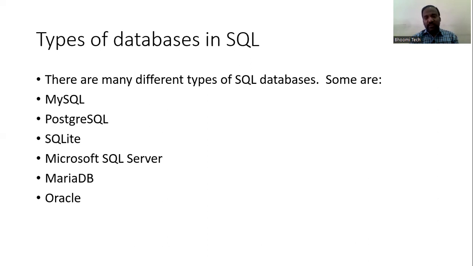PostgreSQL is open source, a free version, and it is a bit slow compared to MySQL. When we have a big amount of data like 1 TB, 2 TB, different businesses use licensed versions of MySQL, and licensed versions have different features.